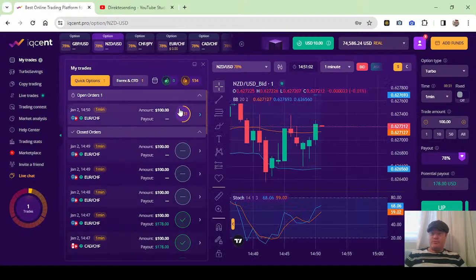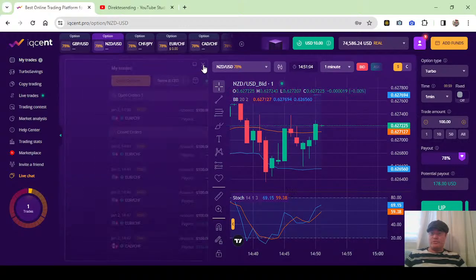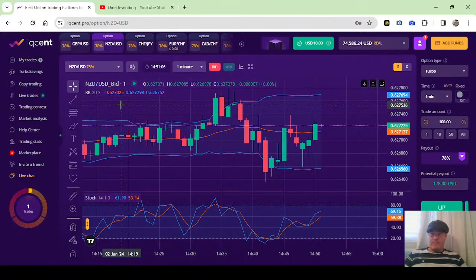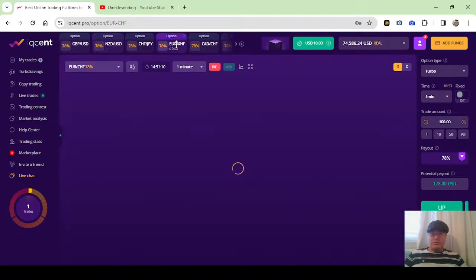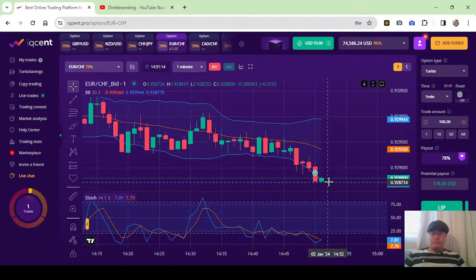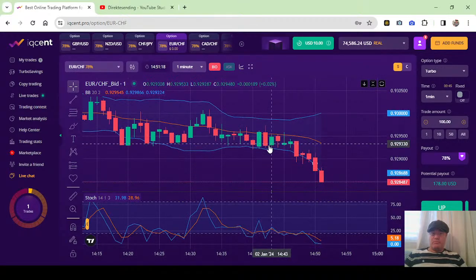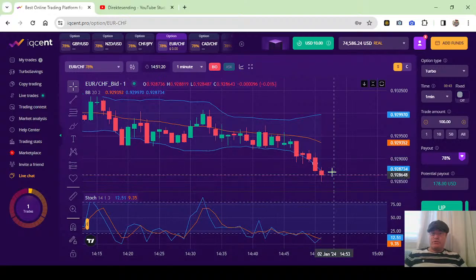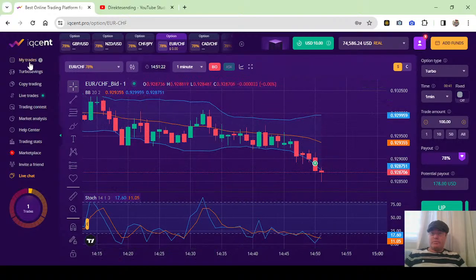This one probably will work well with the moving average. Let's take a look, what's going on? It's pushing very much down.